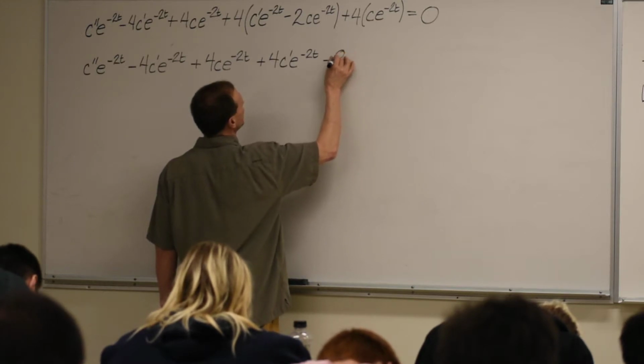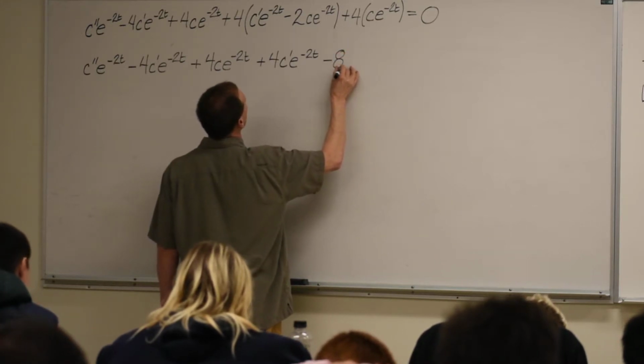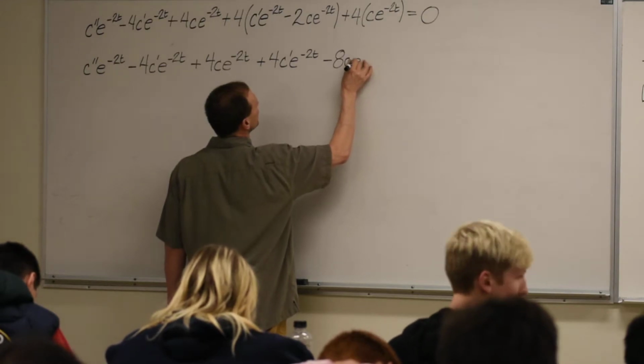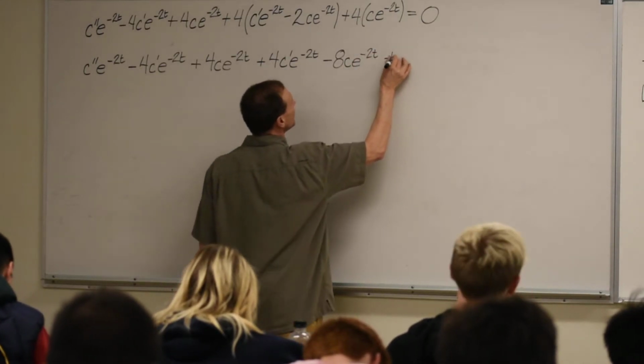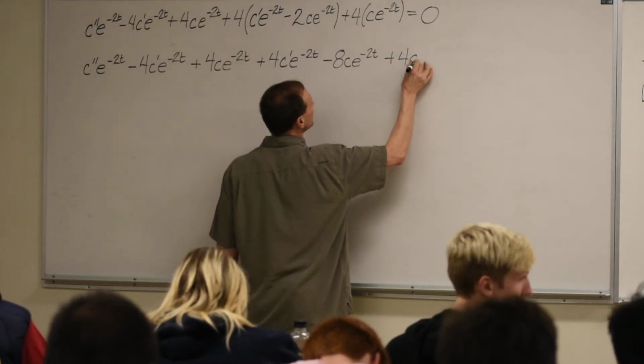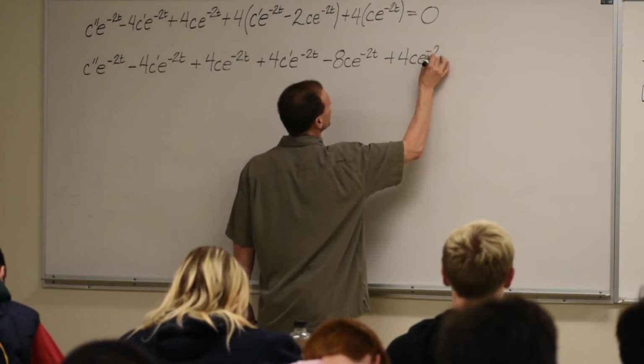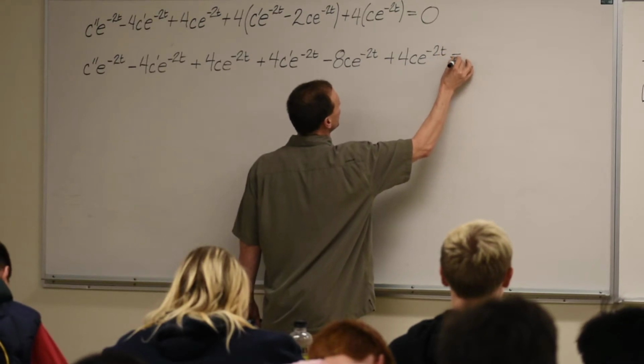Wow, 8. It always makes me nervous, I don't know why. Plus 4C e to the minus 2t equals 0.